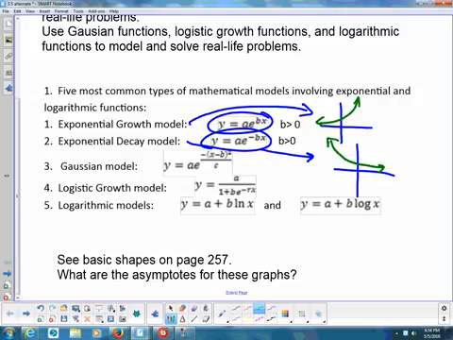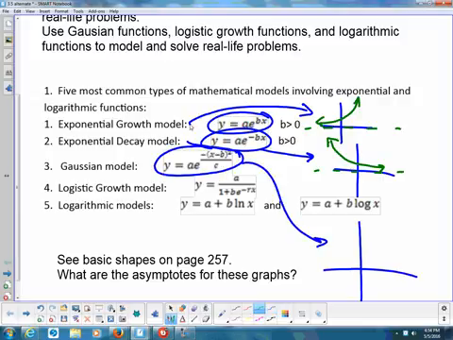Both of those have horizontal asymptotes at y equals 0. Next up, the Gaussian model looks like what you might have heard of as a bell-shaped curve. It also has a horizontal asymptote at y equals 0.